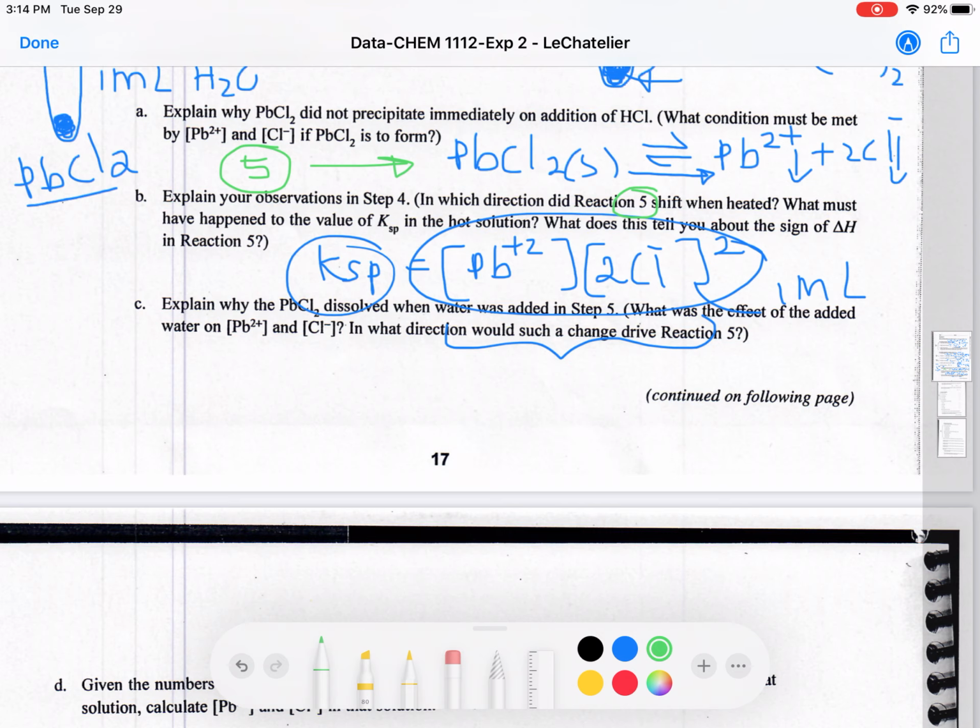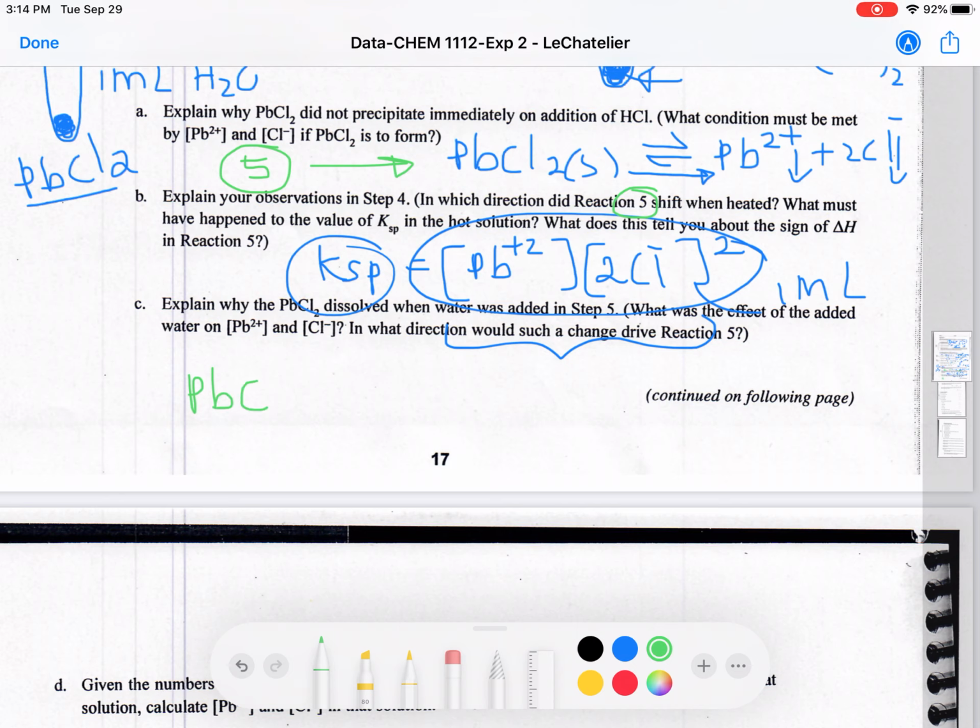What does this tell you about the sign of delta H in reaction 5? What is the sign of delta H? So when you add heat, you made more of the products. So what does that tell you? Let me write that reaction again.